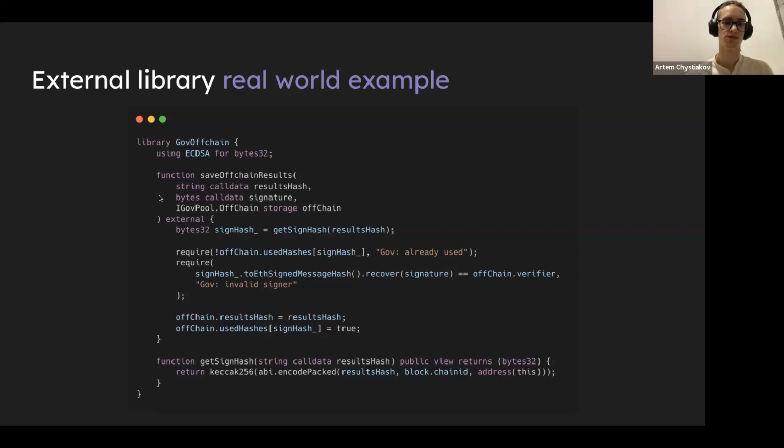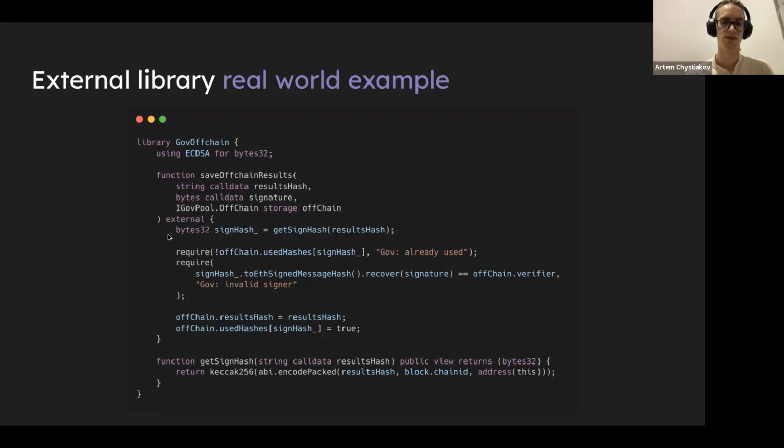And because this function is called via delegate call, accessing this storage variable will modify the storage of the governance contract, not the library contract.